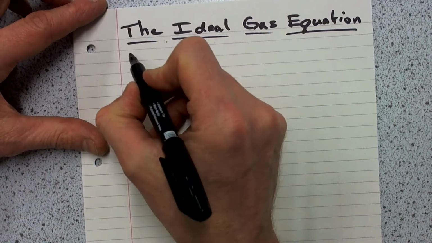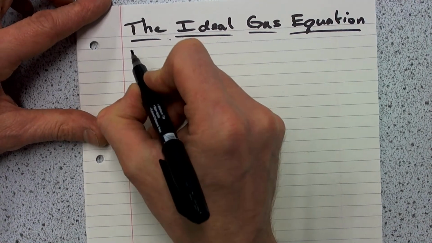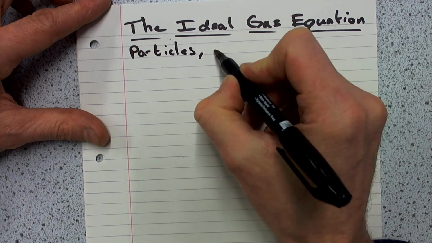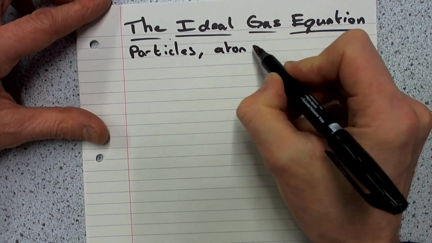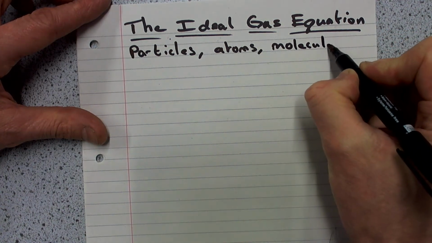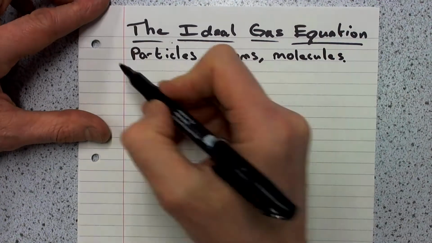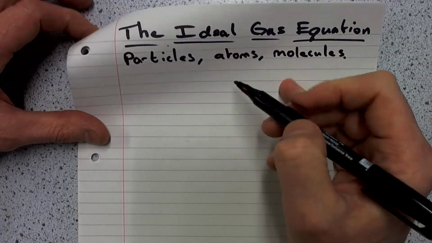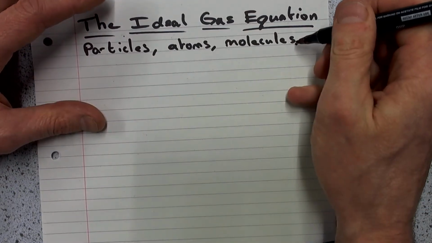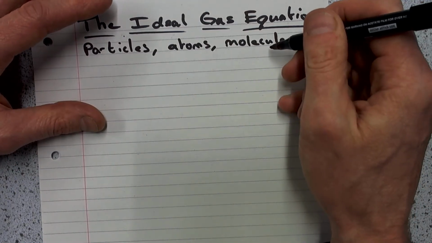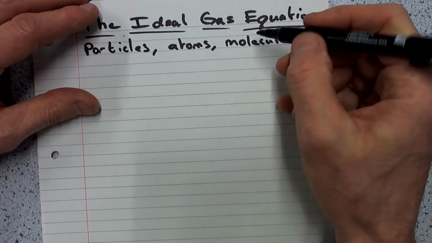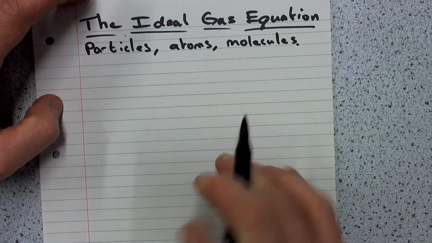So this is to do with where we're talking about particles, maybe a number of atoms, or possibly number of molecules. It would be atoms if it was a noble gas like helium, neon. But if it's a particle like nitrogen, oxygen, they don't exist on their own, so we're looking at a number of molecules in that sense.